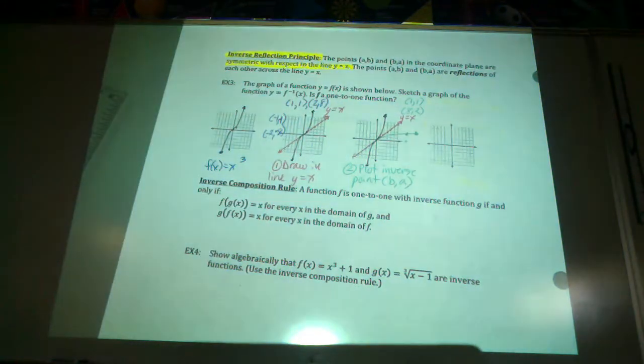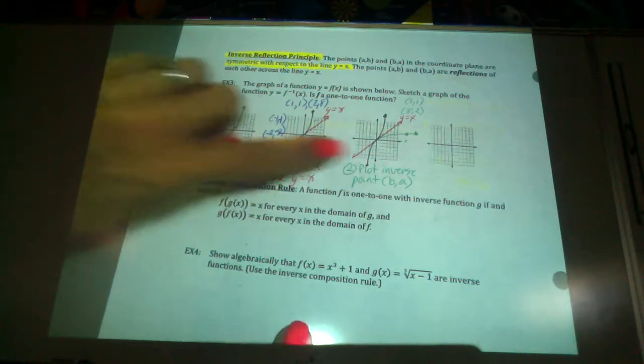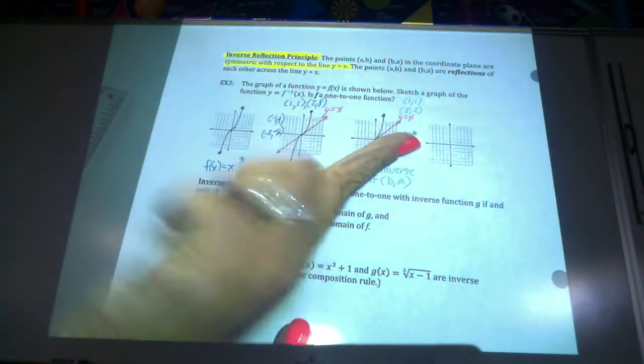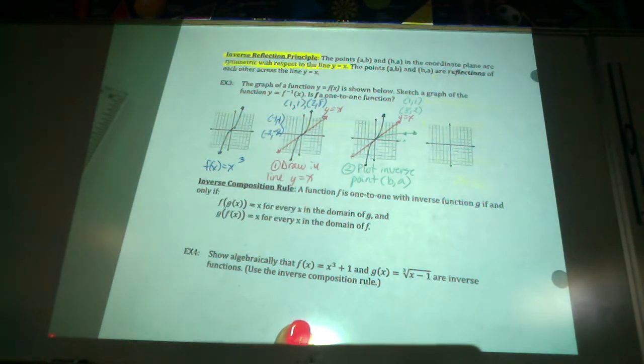So each successive x, the y's get further and further away, but the inverse points are always the same distance from each other to that y equals x line. And if you were to fold this graph on that y equals x line, wouldn't that fold over onto that green line? Visually it does.